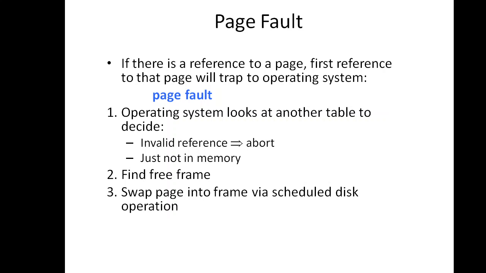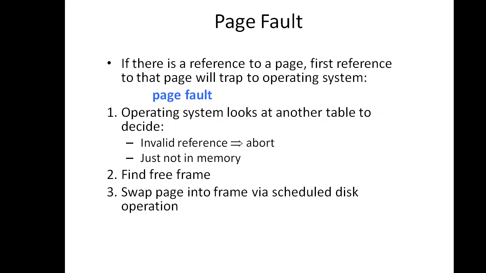If it is an invalid memory access, then we should immediately terminate the process, that is, abort. If it is valid, that means we have not yet brought that page into the memory, so we will do it now.